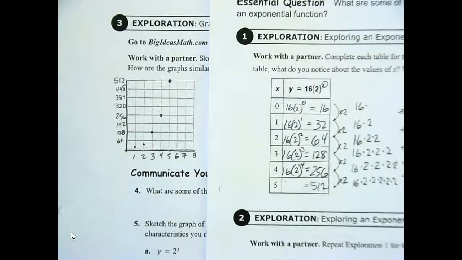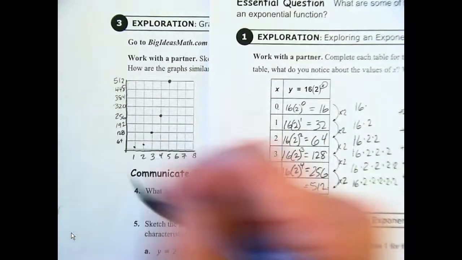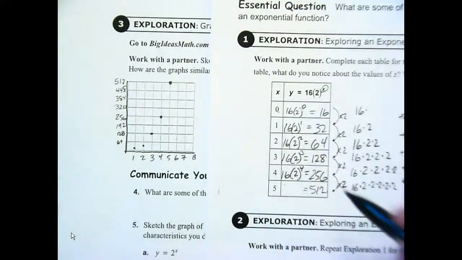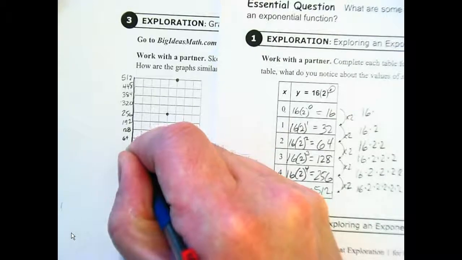Should we put a 0, 0? If I put 0 in for x, do I get 0 out? No, it should actually be 0, 16, but it almost looks like 0, 0.